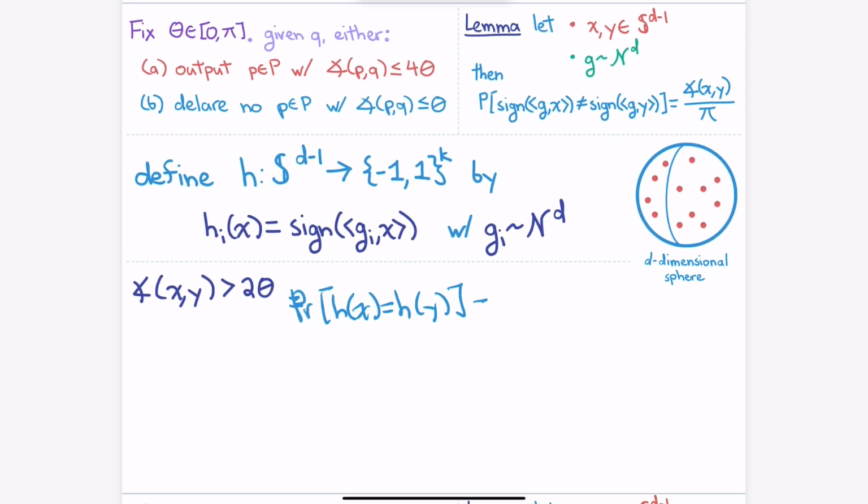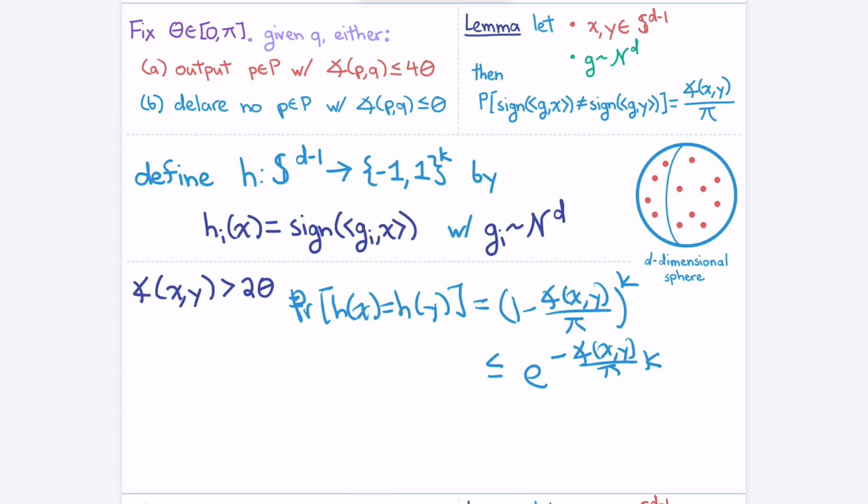But what are the odds they collide? It's going to be 1 minus the angle again. So I think the earlier 4 was supposed to be 2. That's what it is in the notes. To the k, and this is at most e to the negative the angle between them divided by pi times k, right? And the angle is at least 2 theta.